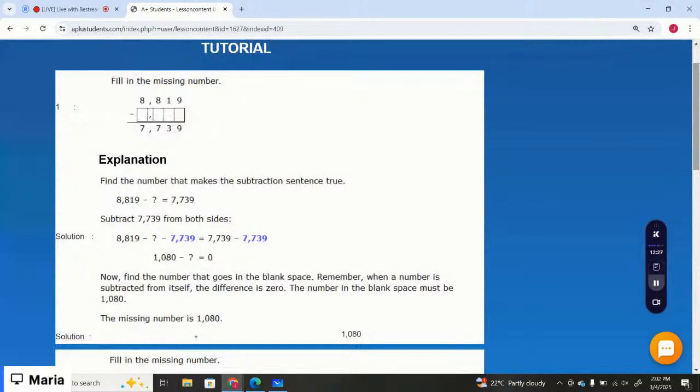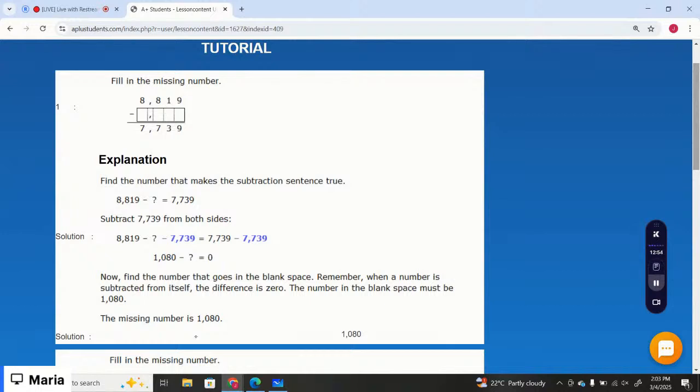Basically, 8,819 minus the missing number equals 7,739. You have to subtract 7,739 on both sides. So on the left-hand side, that is 8,819 minus the missing number minus 7,739. And on the other side, 7,739 minus 7,739 makes 0.